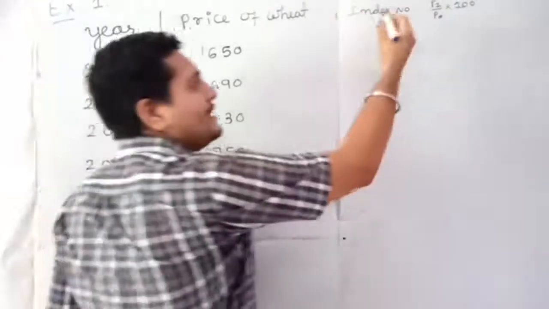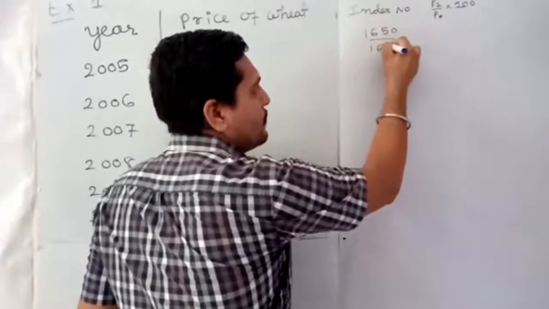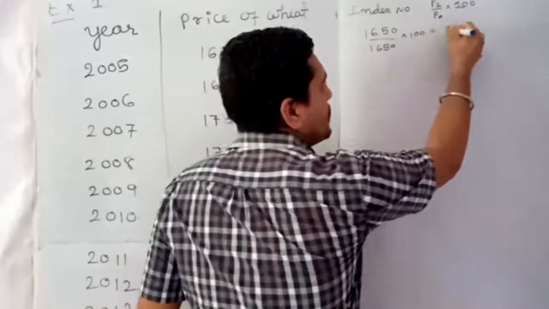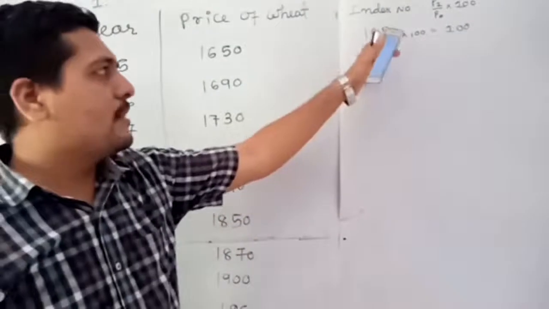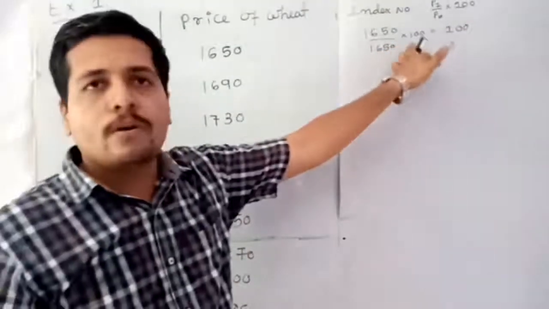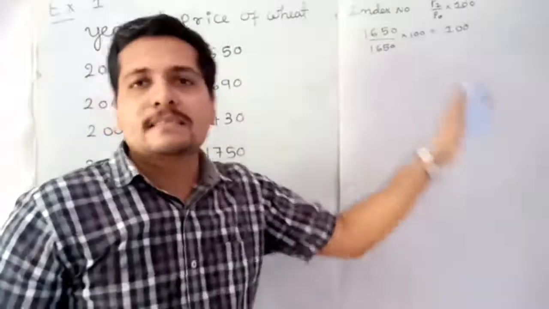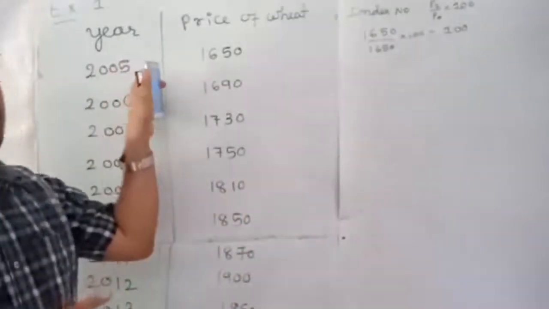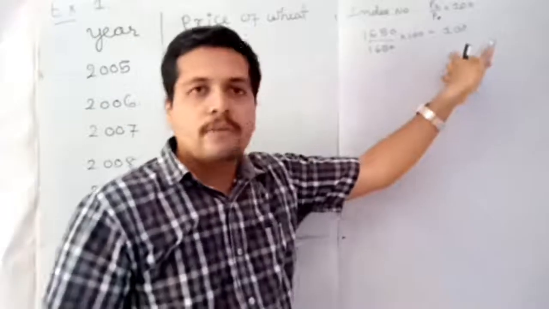So P1 is 1650 divided by 1650 into 100, and we have the answer 100. It is very clear. So 100 is the price index number for 2005 related to 2005. We all know that for any year related to that same year, the price index number is 100.